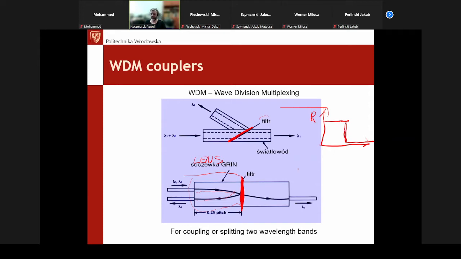I mean, shorter wavelengths will be reflected, and longer wavelengths will be transmitted through such a filtering element. So we will have splitting of two different bands of wavelengths from each other, or the opposite: if we put the signals in opposite directions, they will be joined together into one common fiber. It acts more or less like this. And I think regarding these passive components, at least for now, it can be enough.